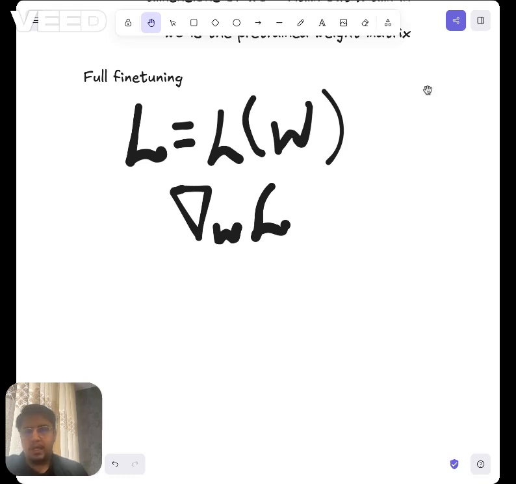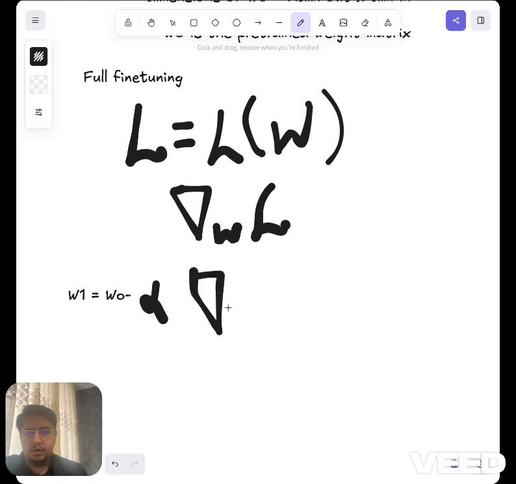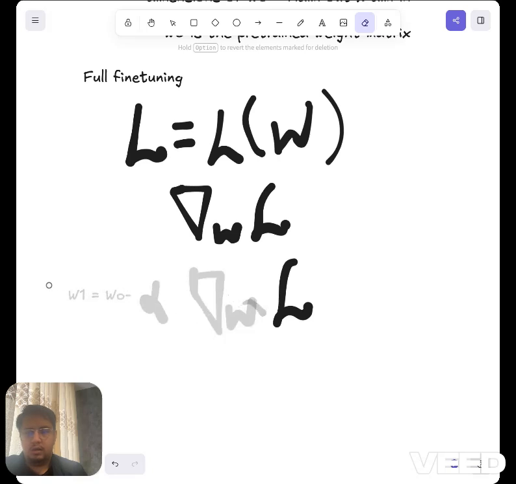And mathematically that would look somewhat like W1 is equal to W naught minus alpha delta W of L. I might as well just write this out in its entirety in marker.